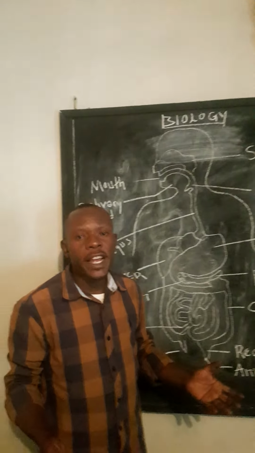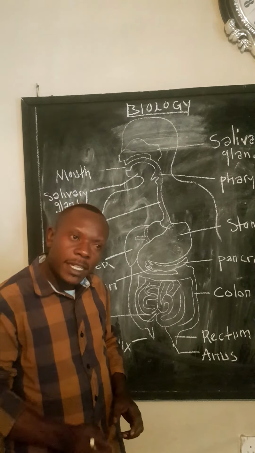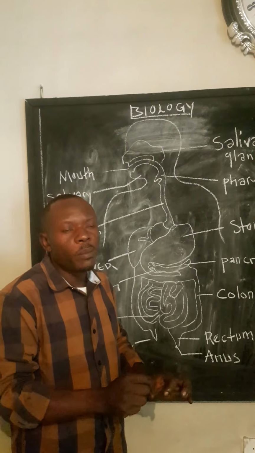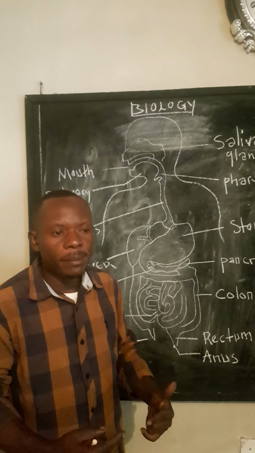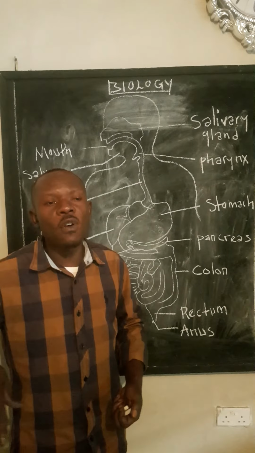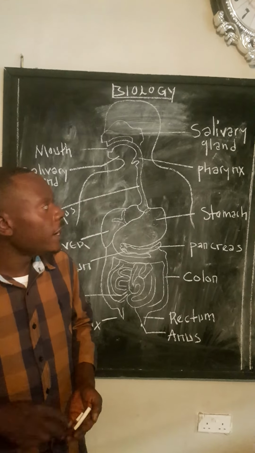What about chemical digestion? This is the breaking down of large food into smaller soluble ones by an enzyme. So the enzyme in a chemical digestion is involved. I want to give you an example of a chemical digestion.